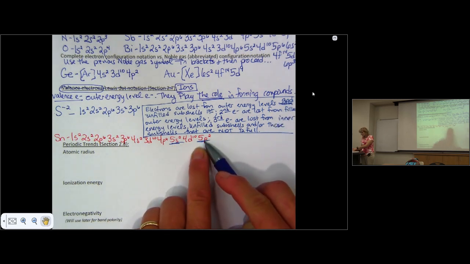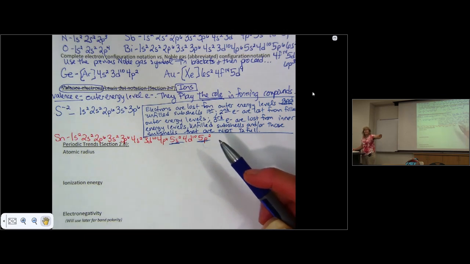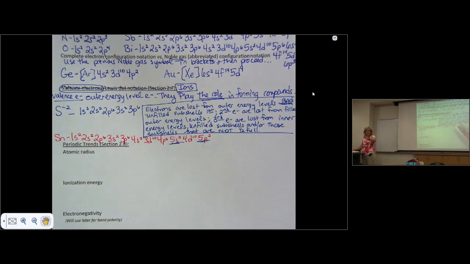So 6p2 is corresponding to this same thing here. It will get lost first because it's outer, unfilled. And then the 4f and the 5d you don't worry about because they're inside. So then you would lose the 6s2, and that would make it plus 4.